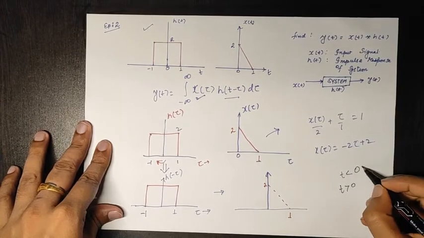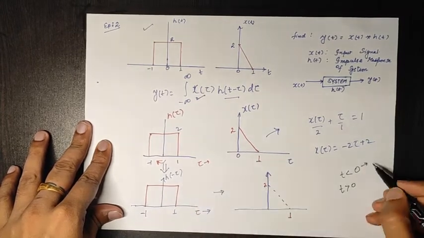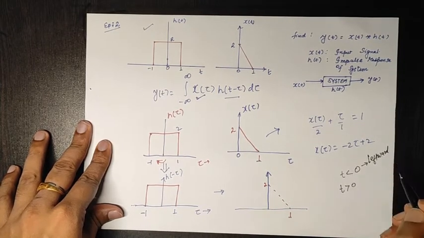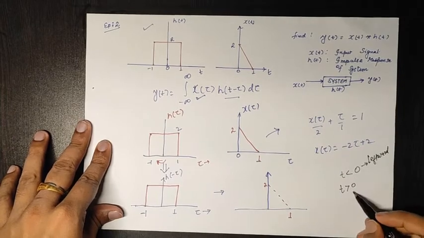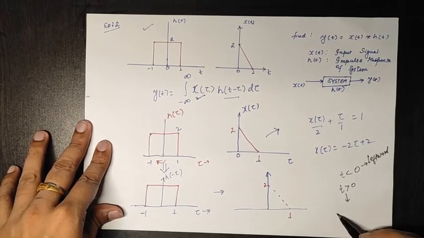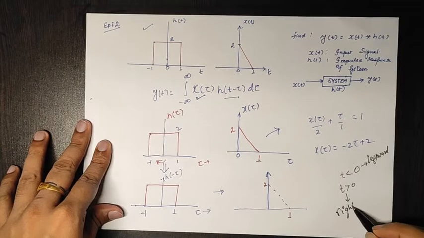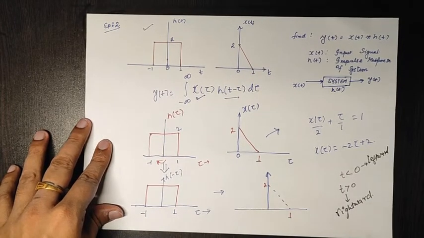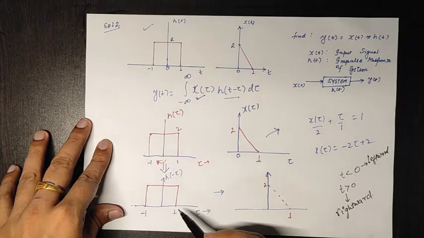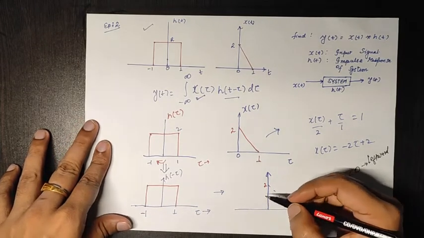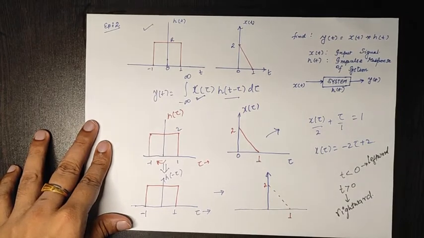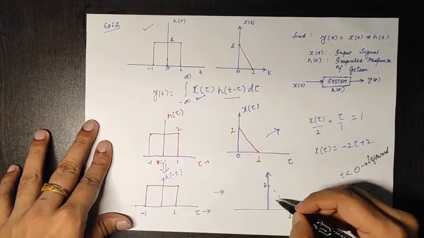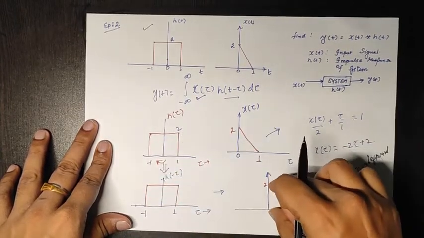For t less than 0, this signal will shift leftward, and for t greater than 0 it will shift rightward. Let us superimpose this on x(tau).